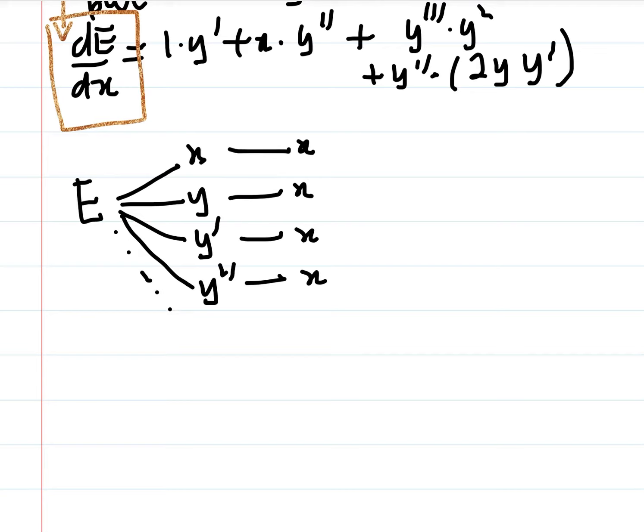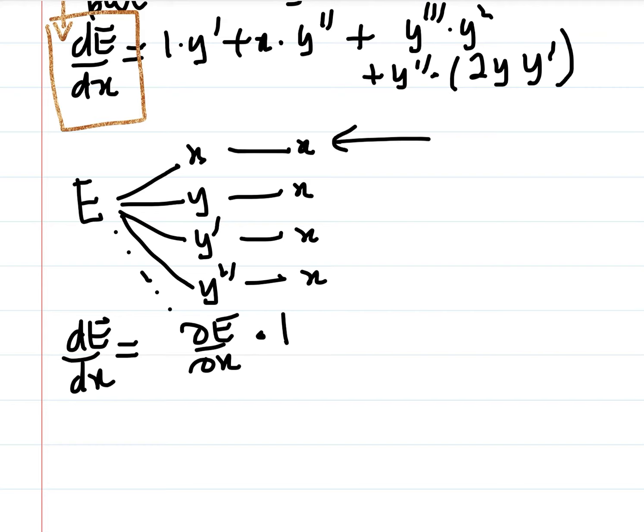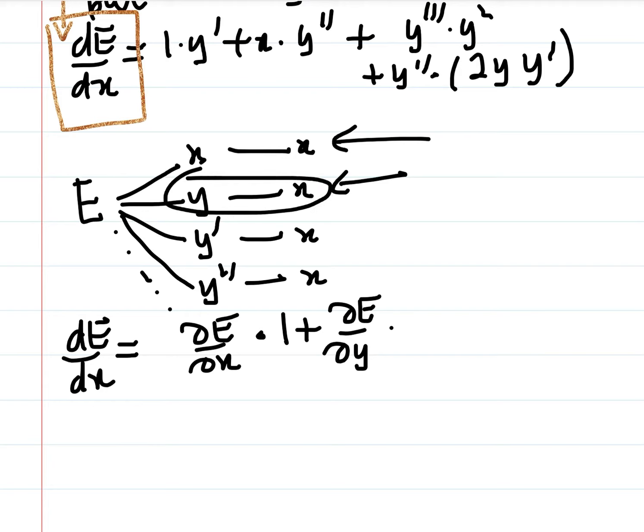So that if you wanted the total derivative of e with respect to x, the chain rule for multivariable says, starting with the first arm, it's the partial derivative of e with respect to x times the derivative of x with respect to x. Then from there, it's the partial derivative of e with respect to y multiplied by the derivative of y with respect to x. That's that part. If you differentiate y with respect to x, you get y dashed.